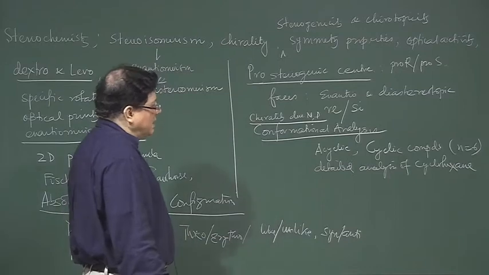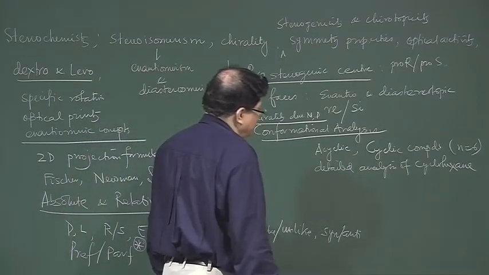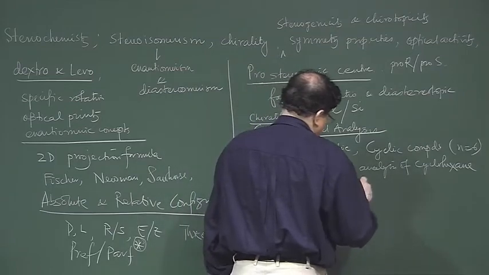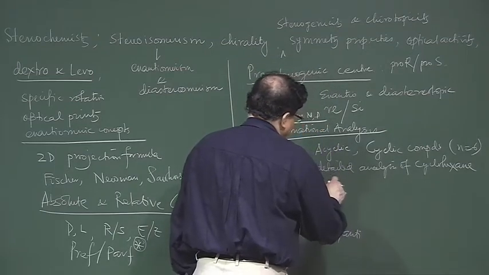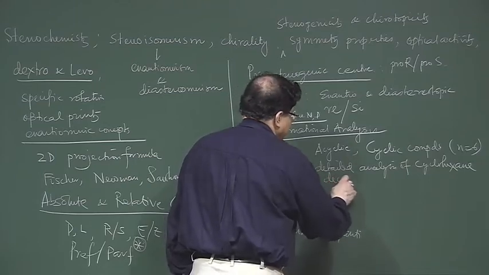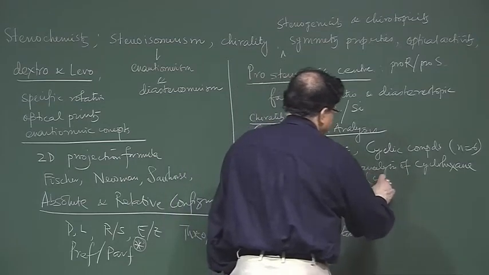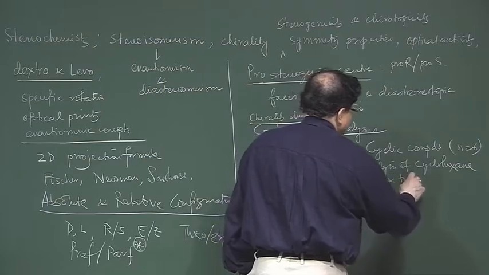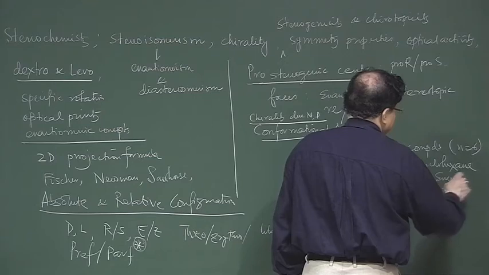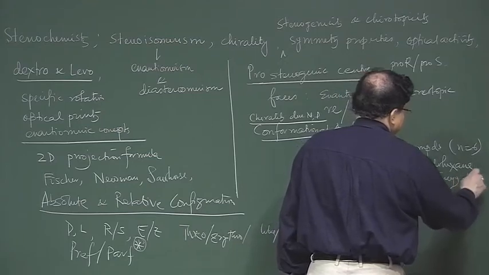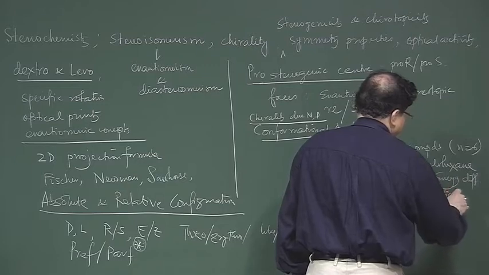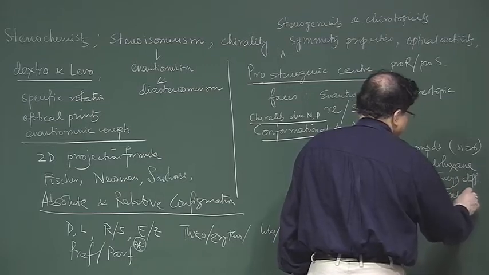So, acyclic, cyclic compounds and detailed analysis of cyclohexane, and then we went for the decalin also, the cis and the trans decalin. What have we checked? We have checked the energy differences, and we have checked the optical activity, whether they are optically active or not.